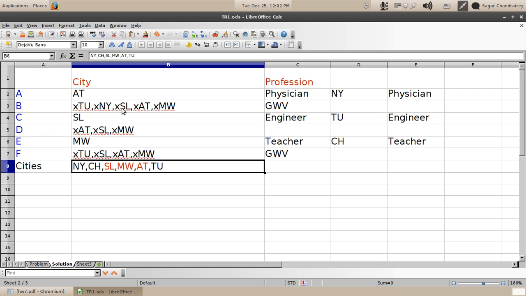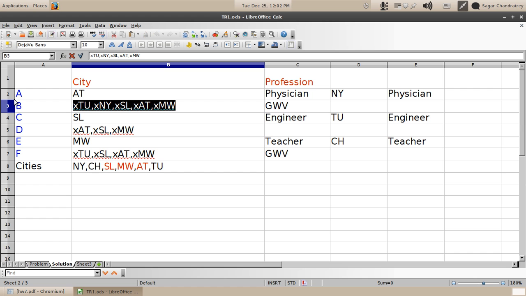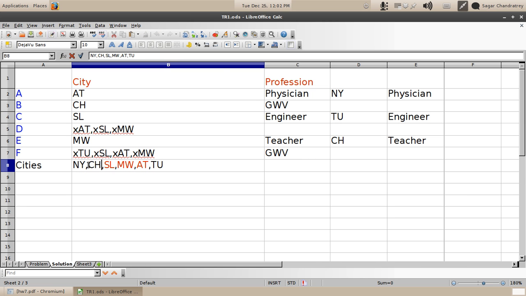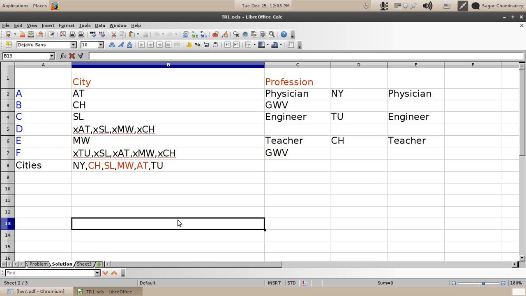Now the next person who has maximum information is B. B is not from Tulsa, New York, St. Louis, Atlanta or Milwaukee, so B has to be from Chicago. Chicago gone, so I'll put Chicago in red, and then here not Chicago. Who has maximum information now?